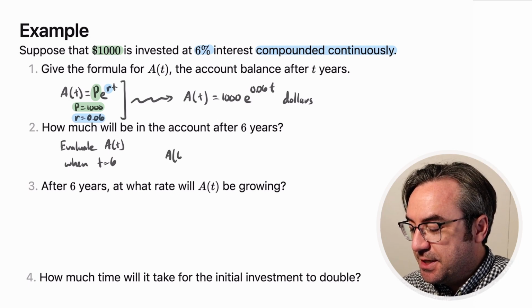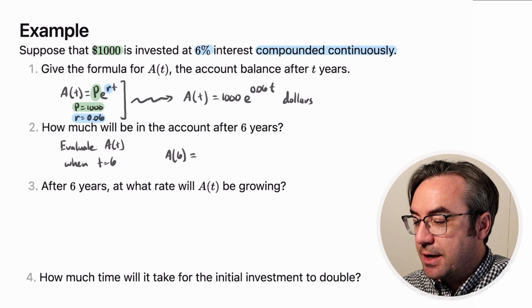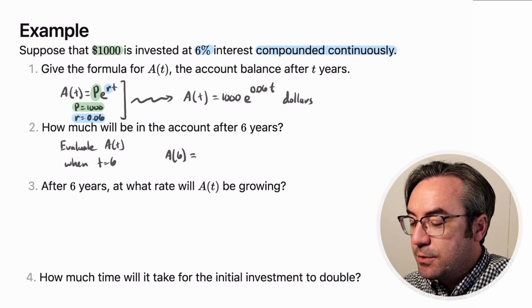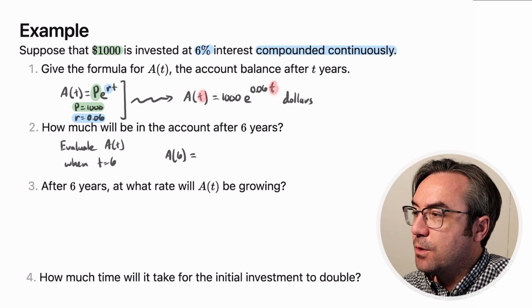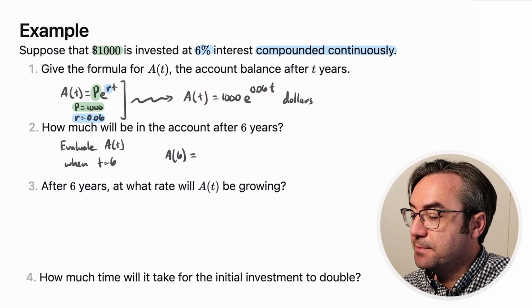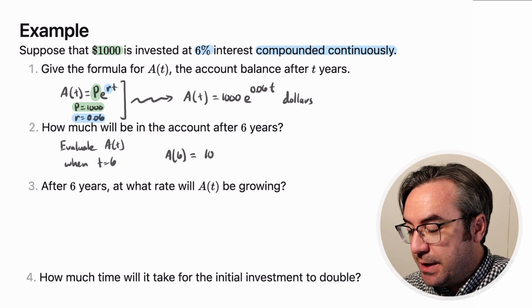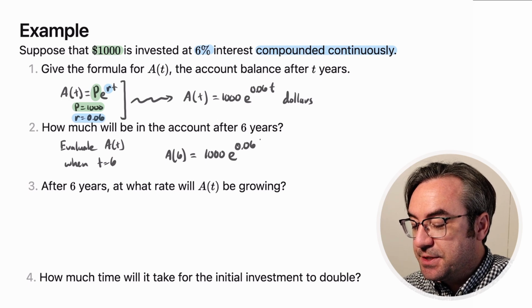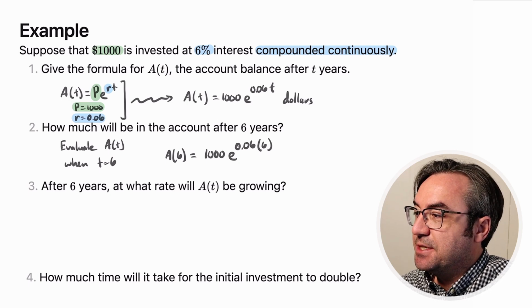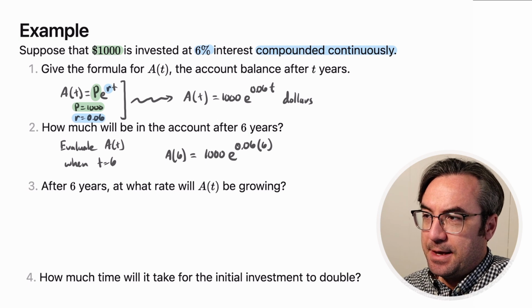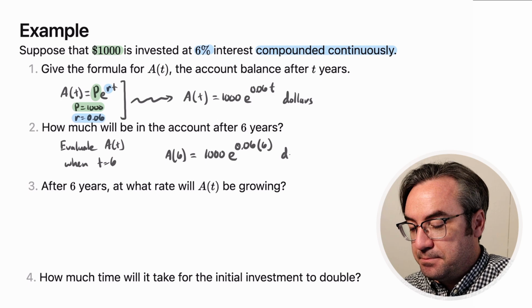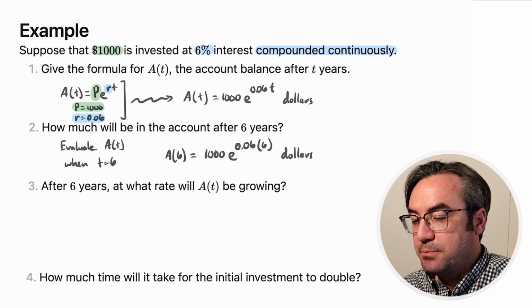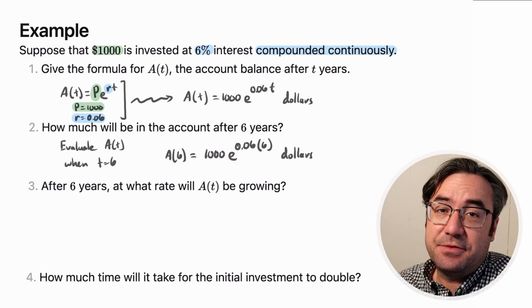So we're plugging 6 in for t. When we do that, we get 1,000 e to the 0.06 times 6. And for these problems, it's perfectly fine if we just leave it like that.